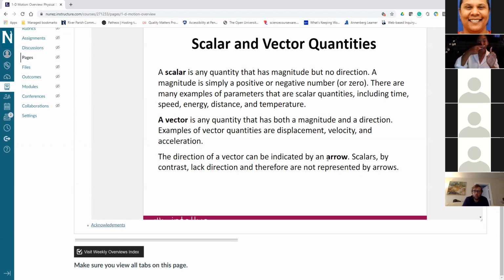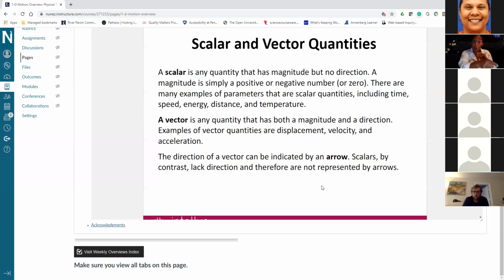The reason they use an arrow is because an arrow can point. So whatever the direction of our vector is, that's the direction that our arrow points. And we can make our arrow a certain length according to whatever scale we want to use. And so the length of the arrow tells us the size or magnitude of our vector.